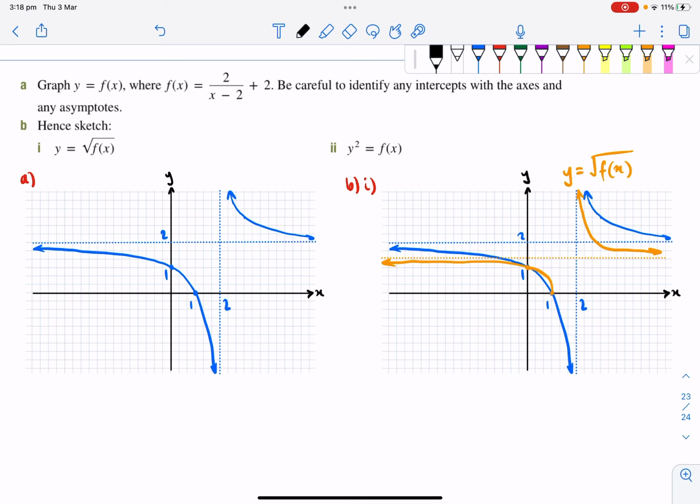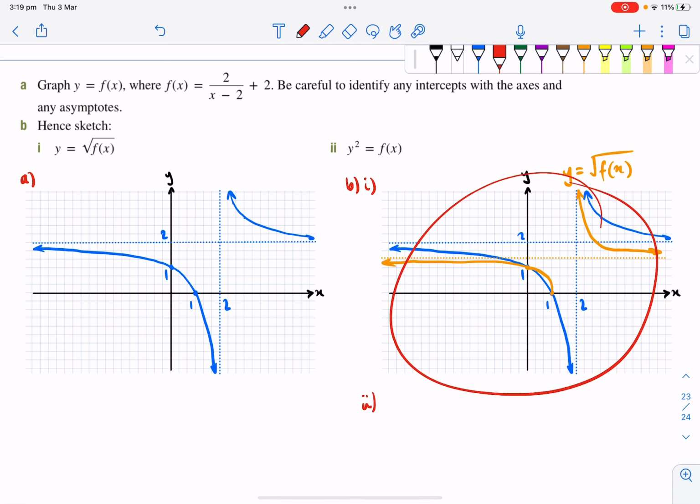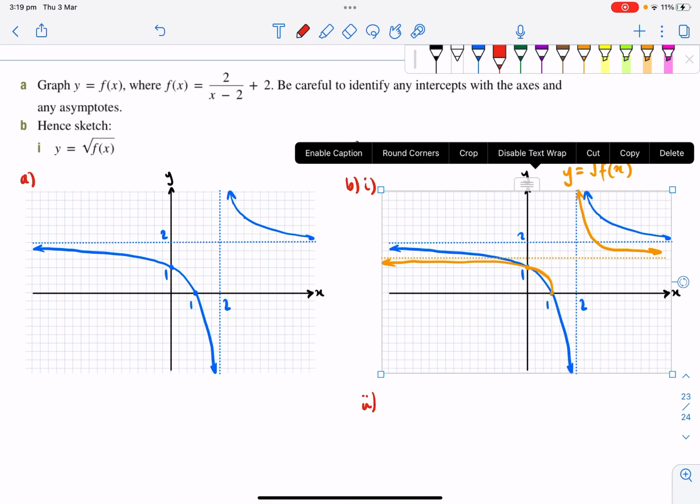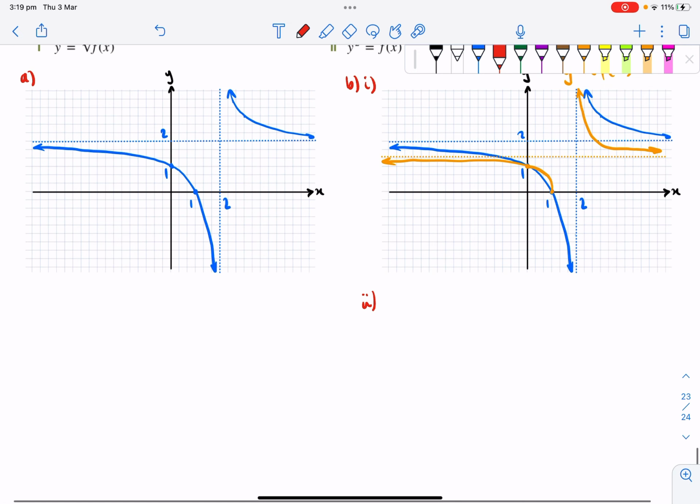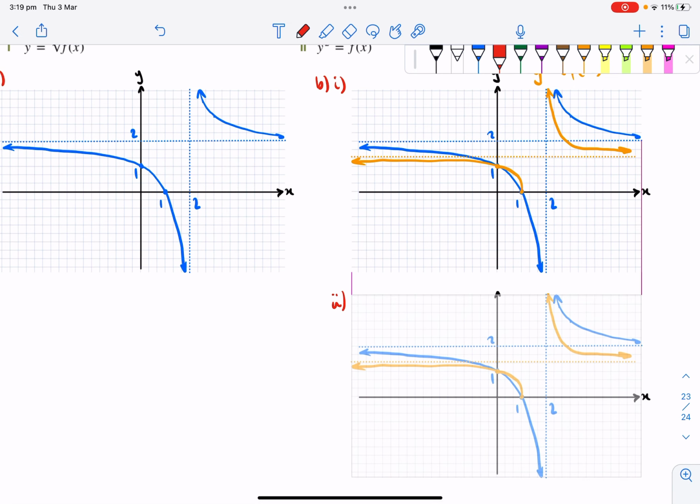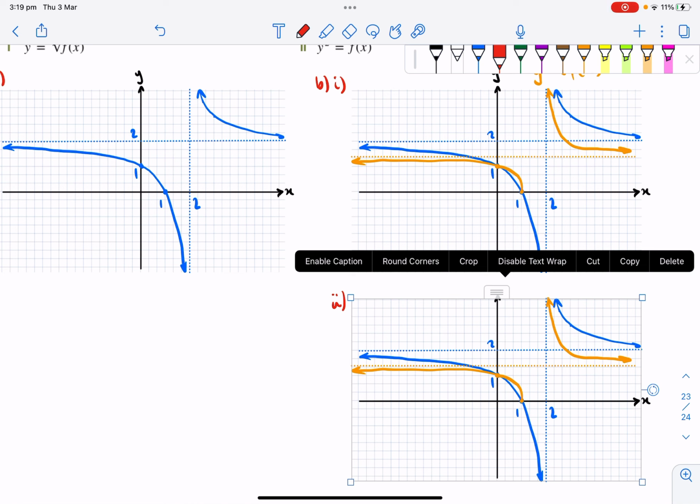All right, then from here, we're going to sketch y squared equals f(x). And I'm just going to use the information from this graph, because what you need to do is sketch f(x), the square root of f(x), and then we sketch the negative square root of f(x).